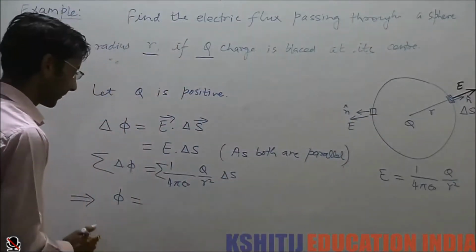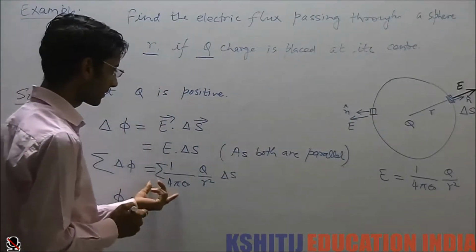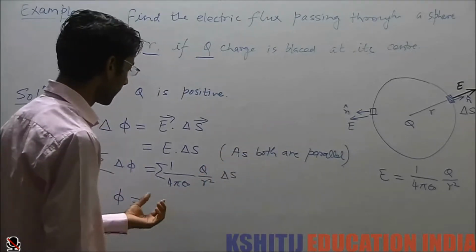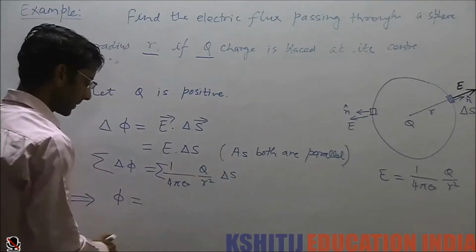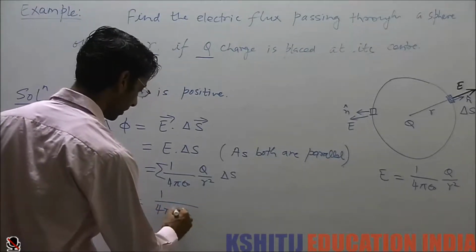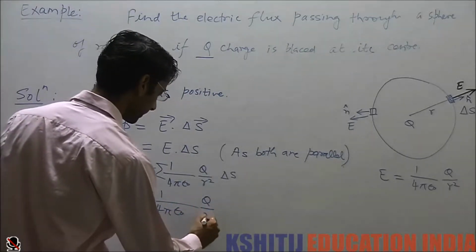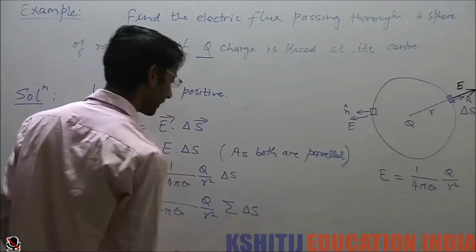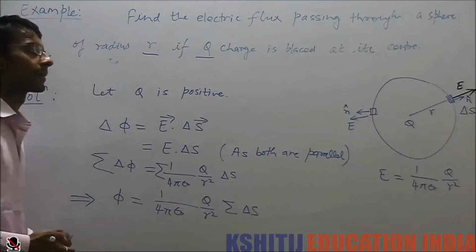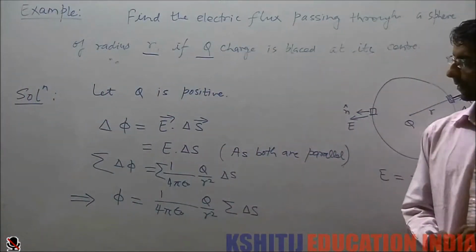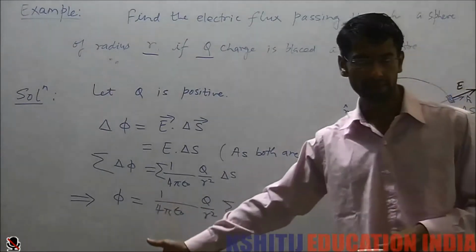Now that means we are summing all the differential elements across the surface of the sphere. This is a constant term that can be taken out because it remains common in all the terms. R is also constant and can be taken out. Ultimately, we are summing the surface areas only, and the other quantities have been taken out.